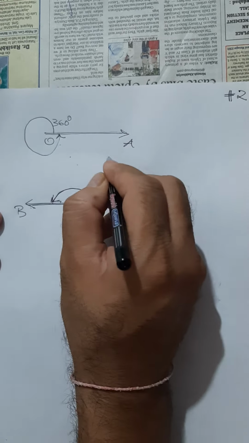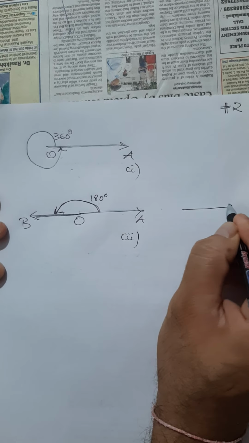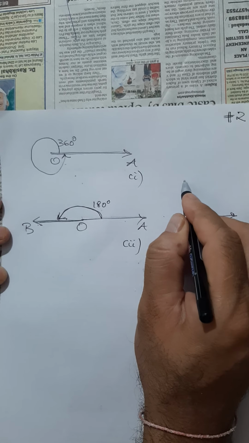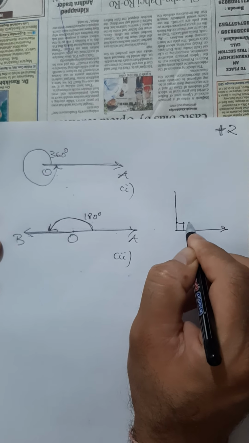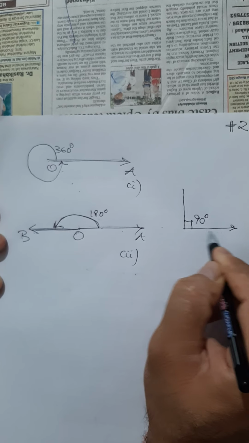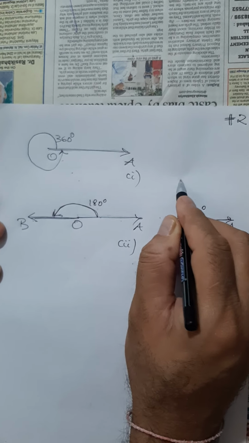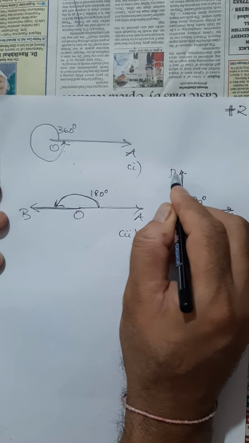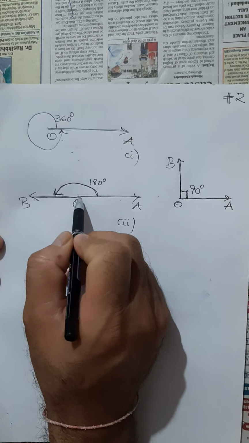If I have one more, if I take this as a starting ray, for example, like this only, half of this much only, this is called 90 degree. You know, this is O, the beginning, and this is the ending position, final position B. So here the measure of angle is 90 degree.